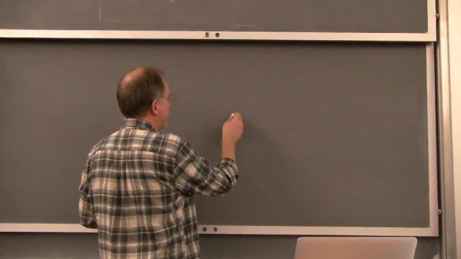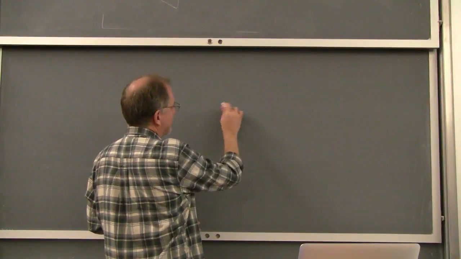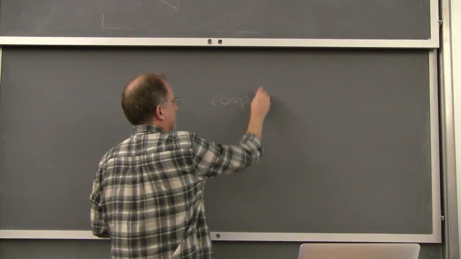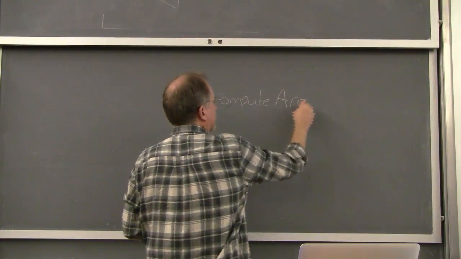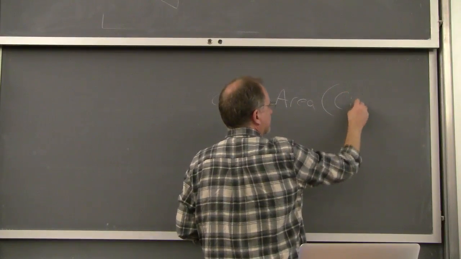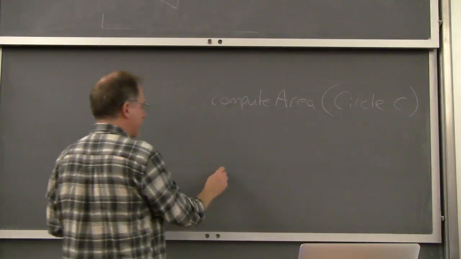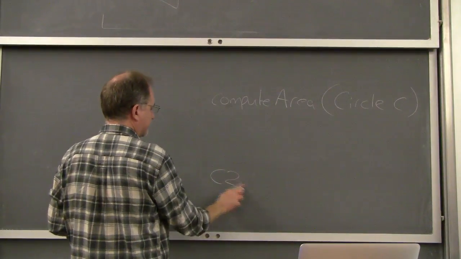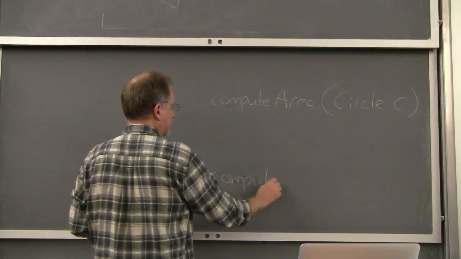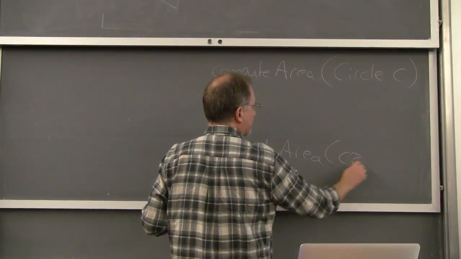So if I had, not a method, I mean, not part of the class, but some static method, let's say compute area, that takes in a circle. And down here, I call compute area on C2.